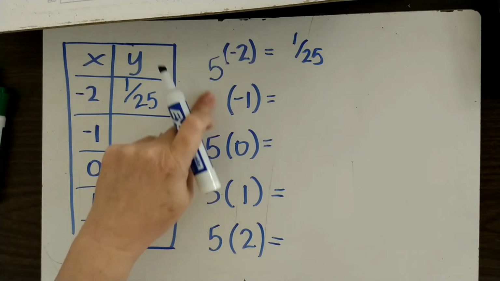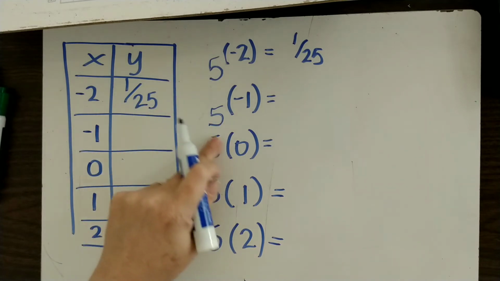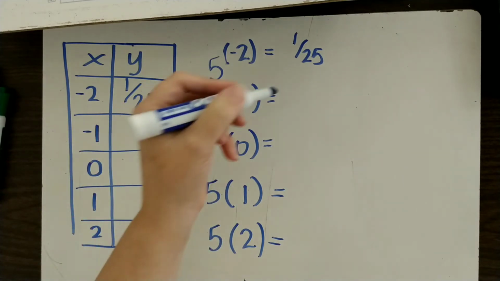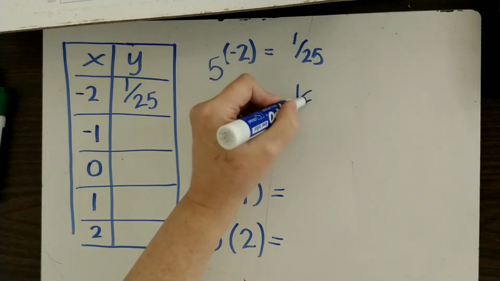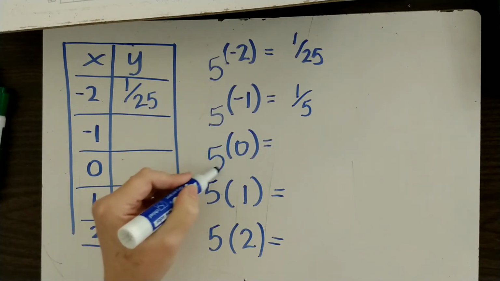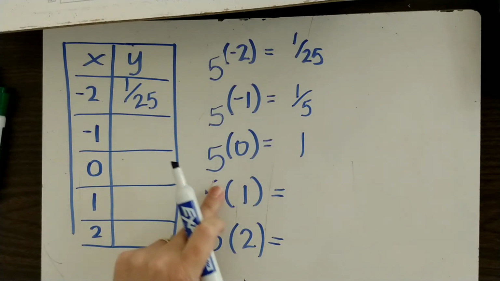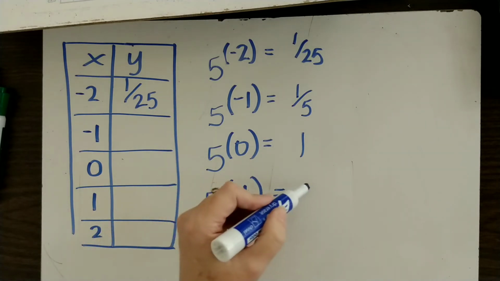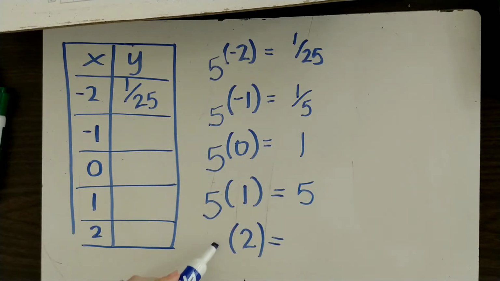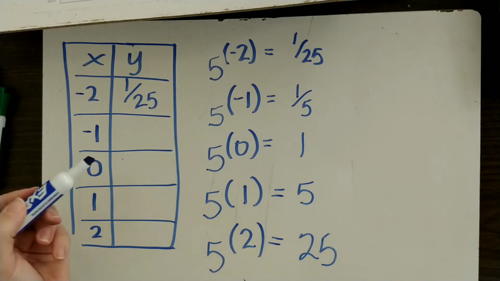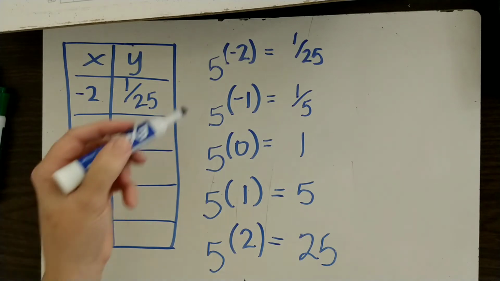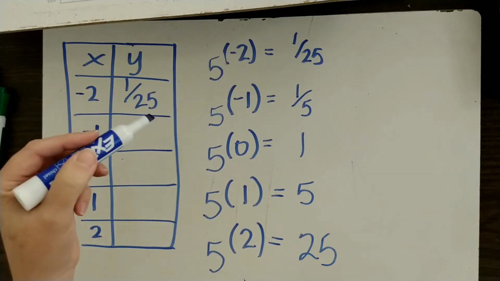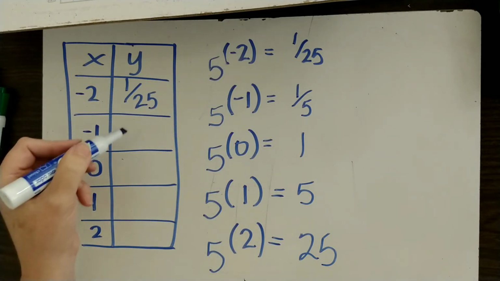If you graph 5 to the -1 power, you're going to get 1/5. Anything to the 0 power is 1. 5 to the first power is 5. And 5 to the second power is 25. Write all of this out so you know what goes into your table.